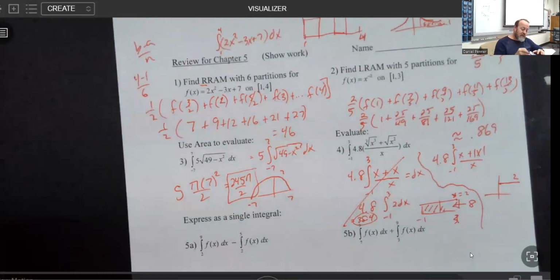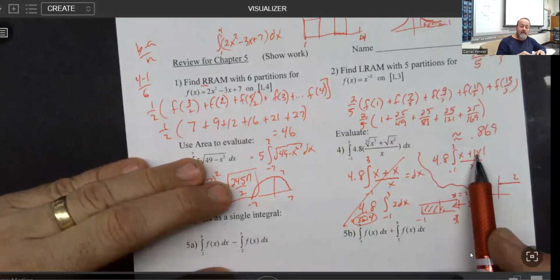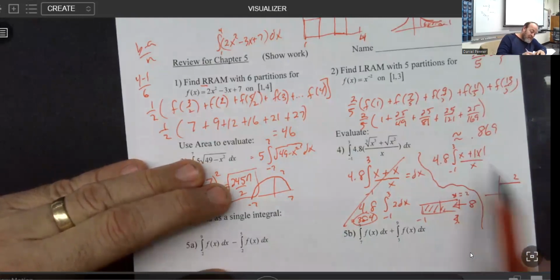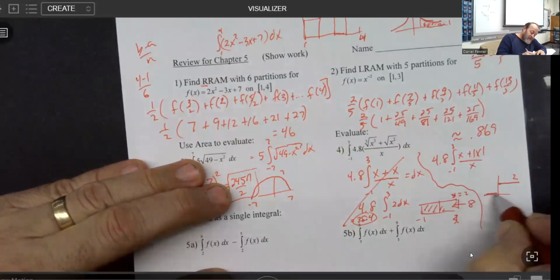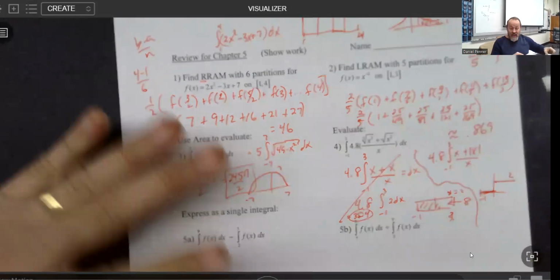The problem is everywhere where x was negative, this part is negative, but this is the exact opposite positive value of that. So the region from -1 up until the number 0 actually cancels out, and there's nothing there.